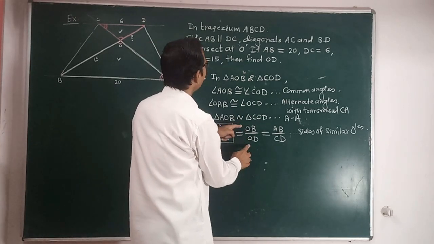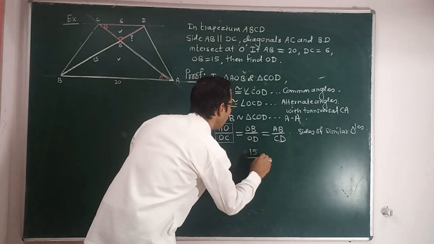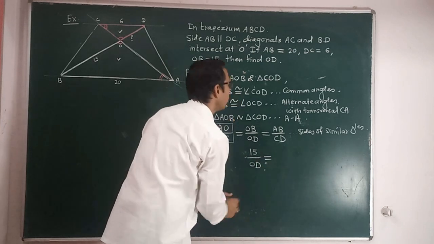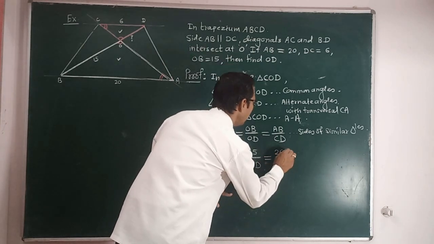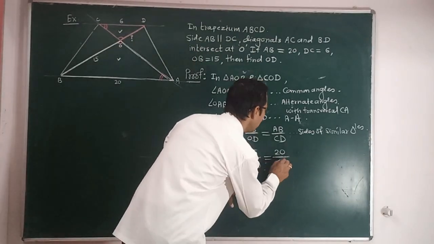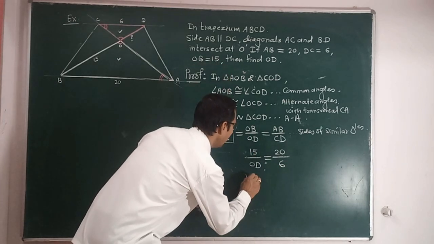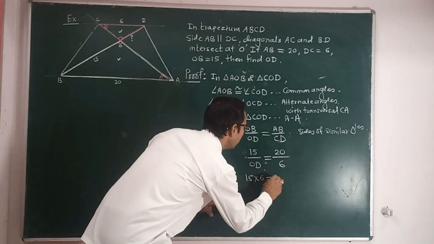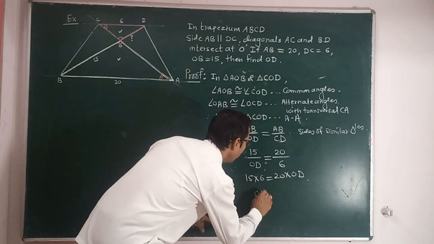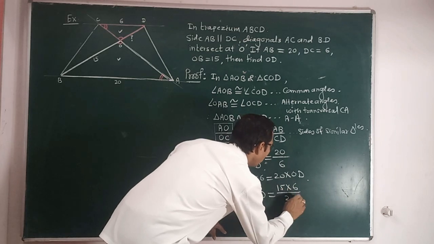OB upon OD, OB is 15, so 15 upon OD, which we have to find, is equal to AB, 20, divided by CD, which is 6. Now by cross multiplying we get 15 into 6 is equal to 20 into OD, and that's why OD is equal to 15 into 6 divided by 20.